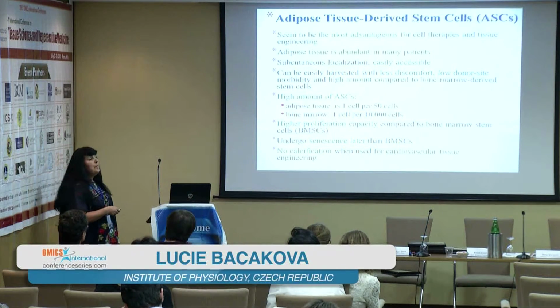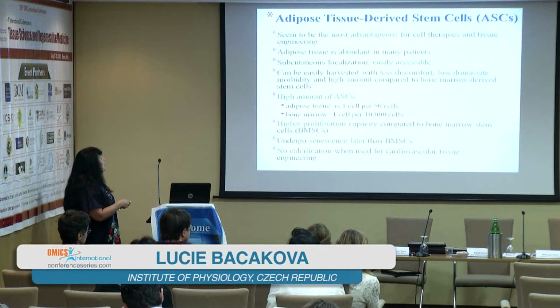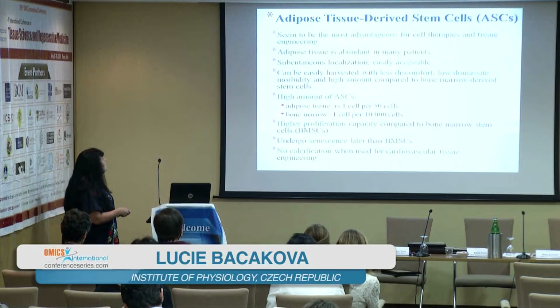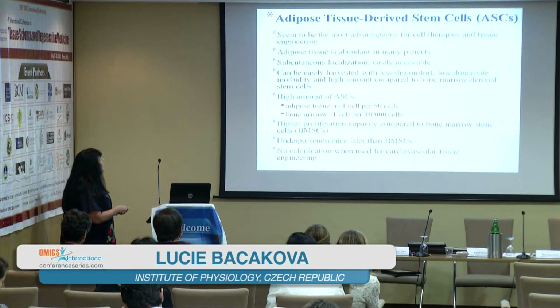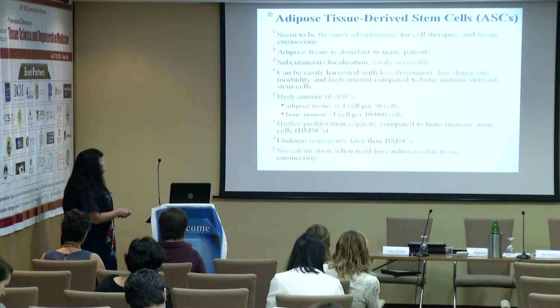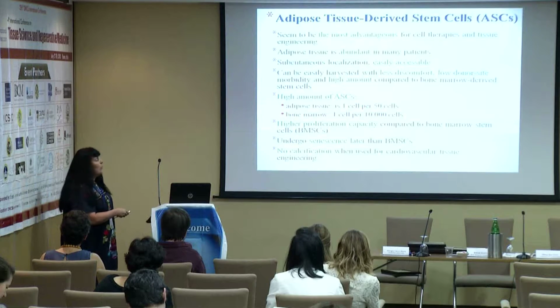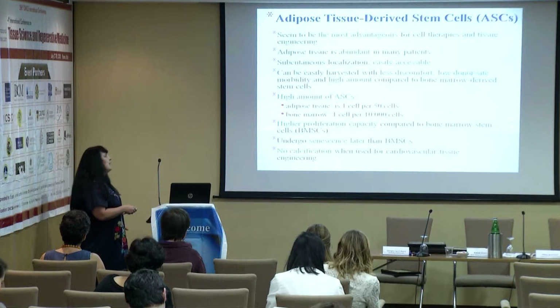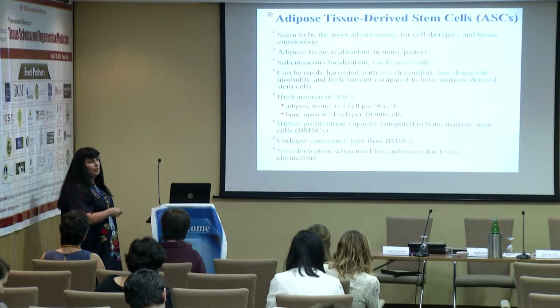And in comparison with the bone marrow, it was reported that adipose tissue is richer with stem cells than bone marrow, much richer, but I read it in the literature, it's not my experience.